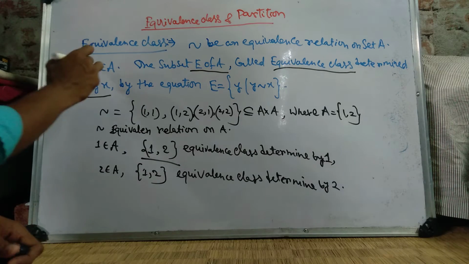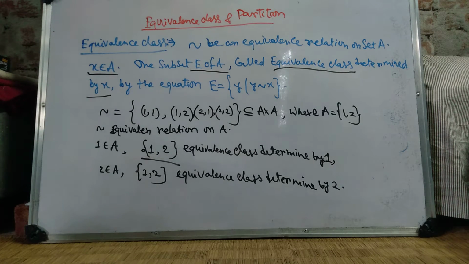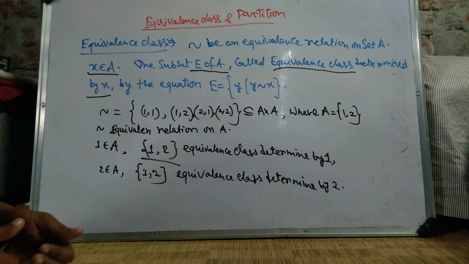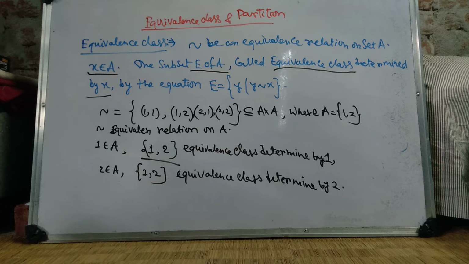So for some X belonging to A, one subset of A is called the equivalence class determined by X, by the equation E equals those Y related to X.